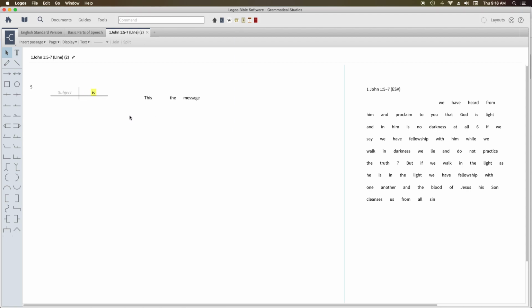And so we have to determine whether message is the subject or the word this is the subject. I'm going to go ahead and go with this being the subject. Okay. And I do that because when I went to research this a little bit more, the only example I could find was this is the house that Jack built.